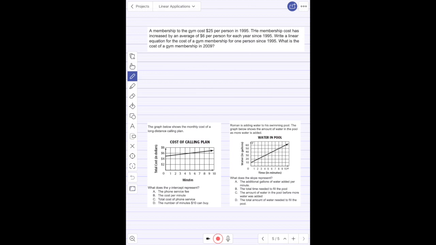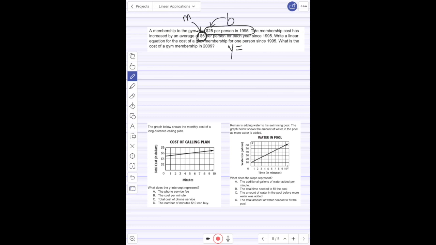But you still need to ask yourself, what is the initial amount? Well, the initial amount is the cost in 1995. So my initial value is going to be $25. That initial membership fee was $25. Then as the years increased, the membership increased by $6 per year. Okay, so that $6 per year is my slope.